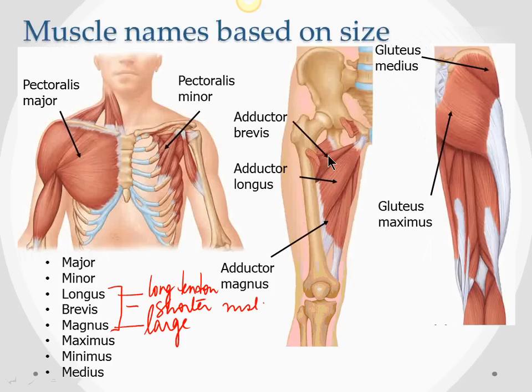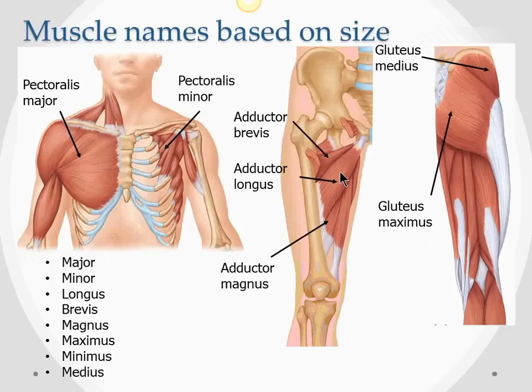They are going to act on the hip joint, so they will cause adduction at the hip joint. Do you understand? In order to act on the knee joint, they would have had to cross the knee joint. Whenever a muscle acts, it has to cross a joint in order to act, okay? So here they are going right across the hip joint, so that's why they will act on the hip joint. So these are adductors of the hip joint.